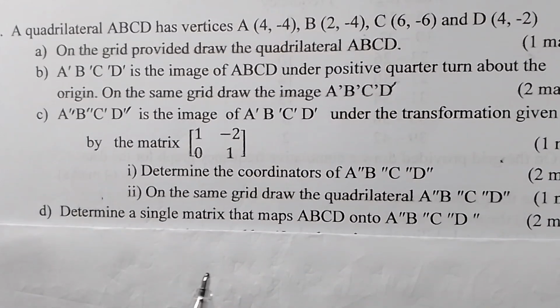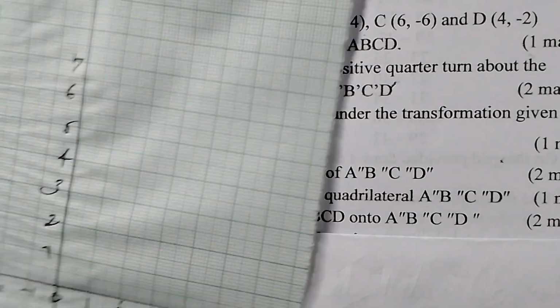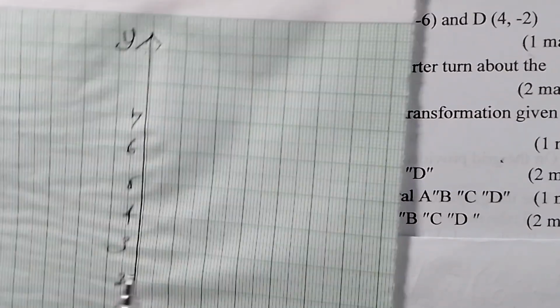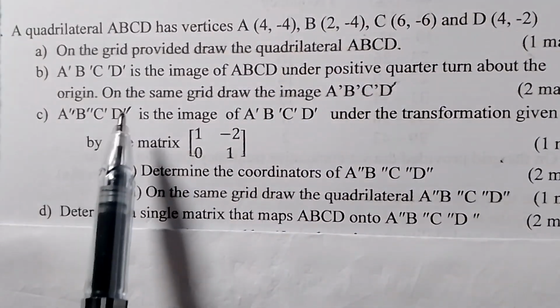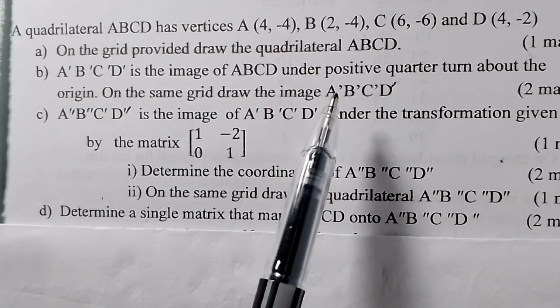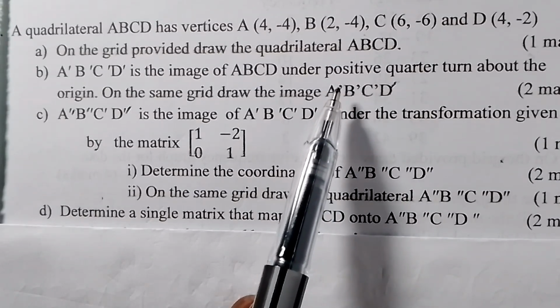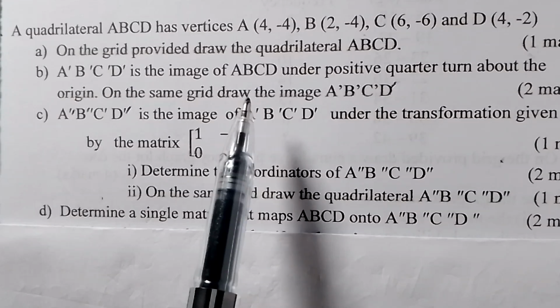You can either construct angles through the origin at 90 degrees and then rotate every point through 90 degrees anti-clockwise, because a positive quarter turn means positive 90 degrees, anti-clockwise.